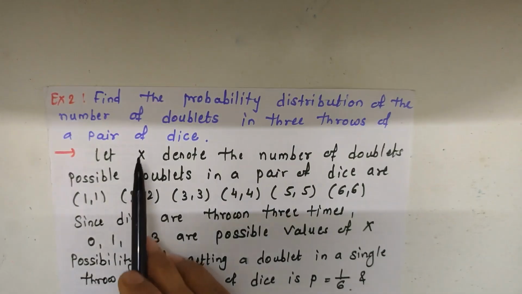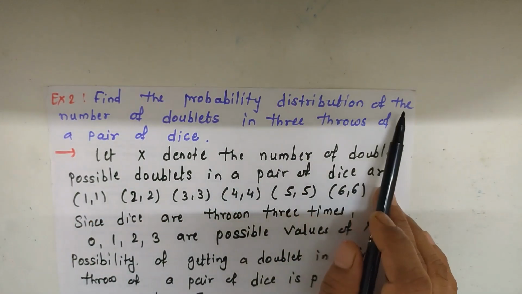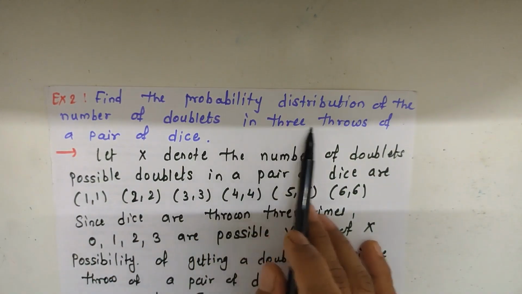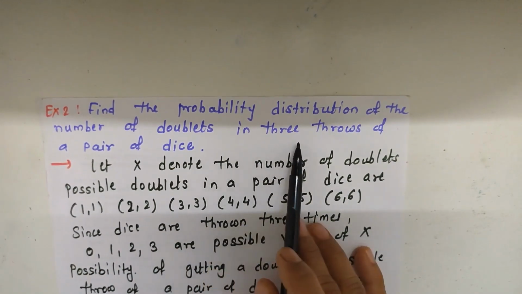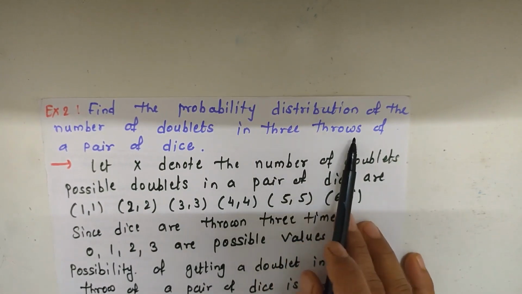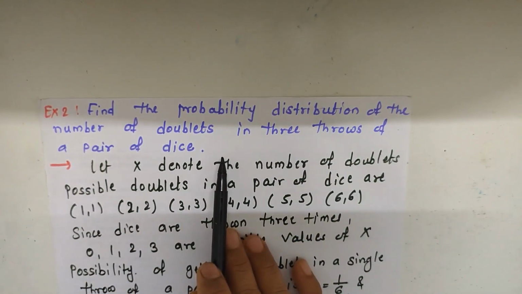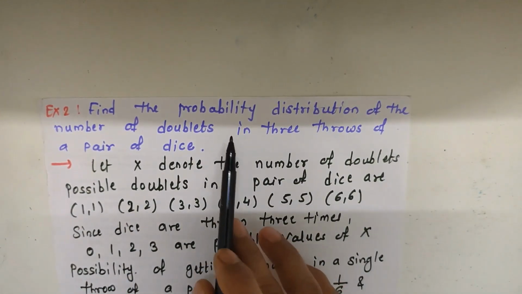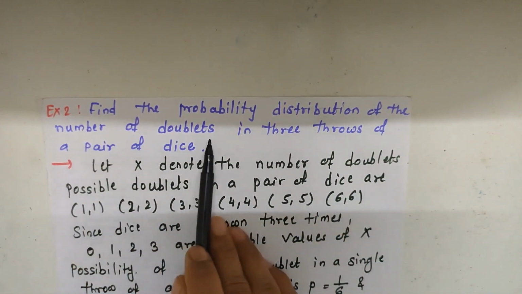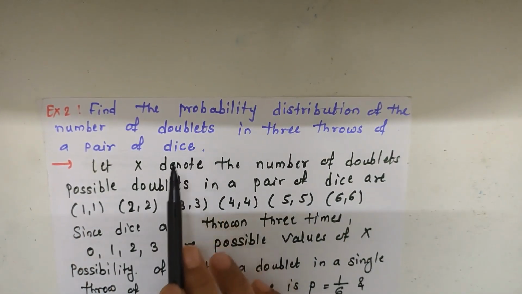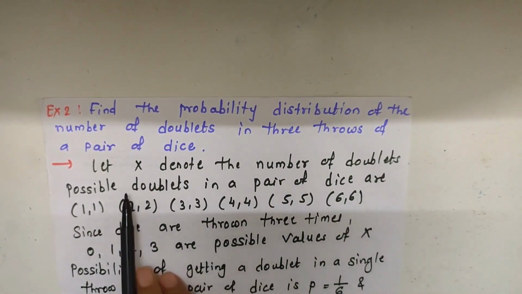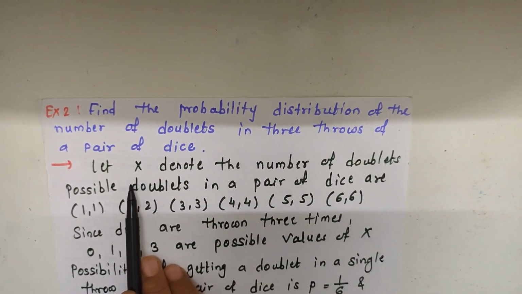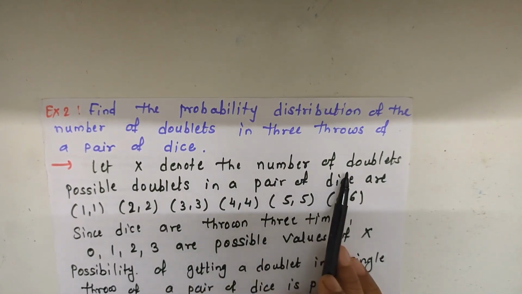Next example: find the probability distribution of the number of doublets in 3 throws of a pair of dice. So students, here the random experiment is when a pair of dice is thrown 3 times and the random variable is the number of doublets. Let X denote the number of doublets.